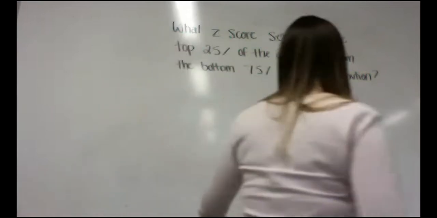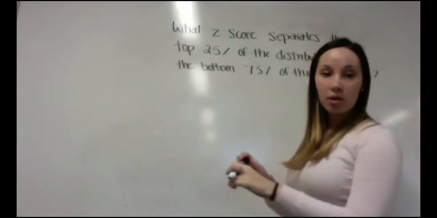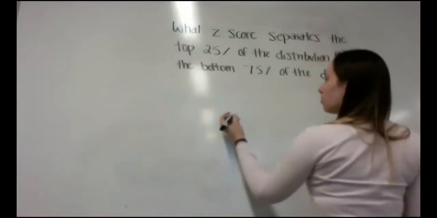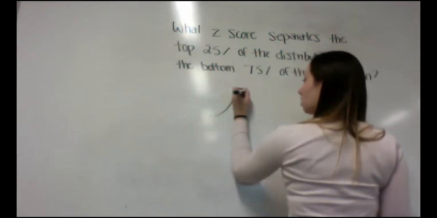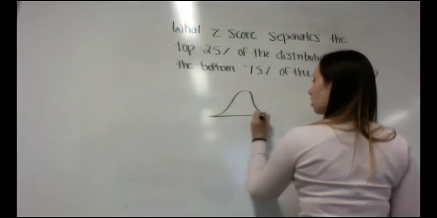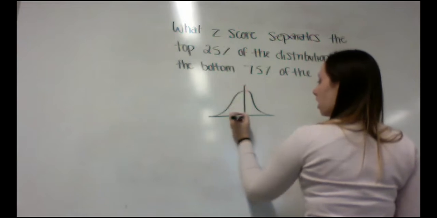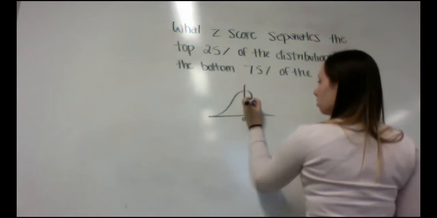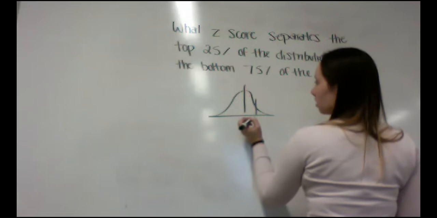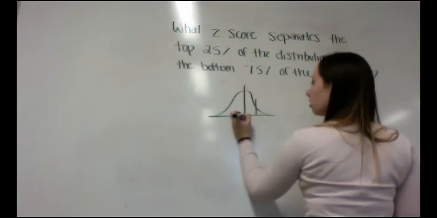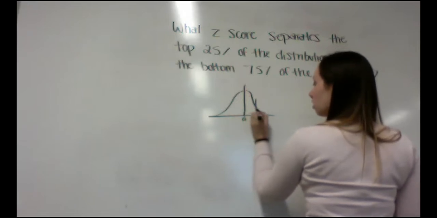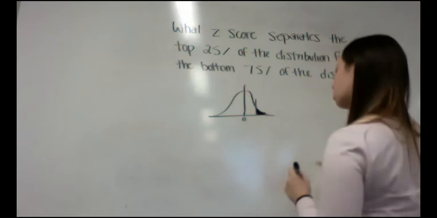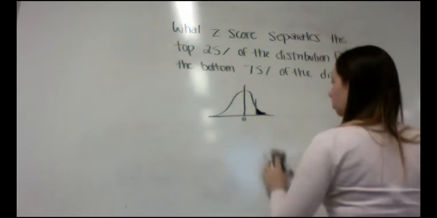So again, I always suggest to write this stuff out so that we understand what's happening. So this is asking us, if this is half, this is asking us about this point here. Let me make that a little more accurate.